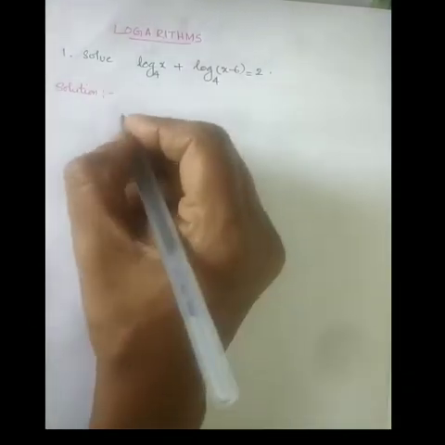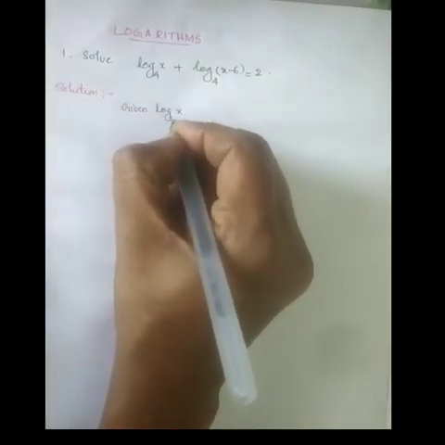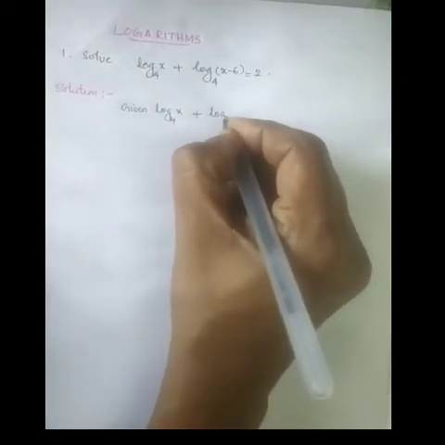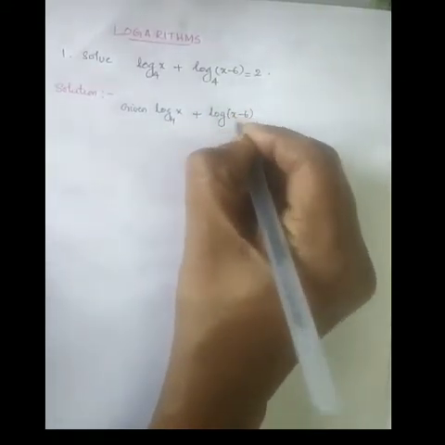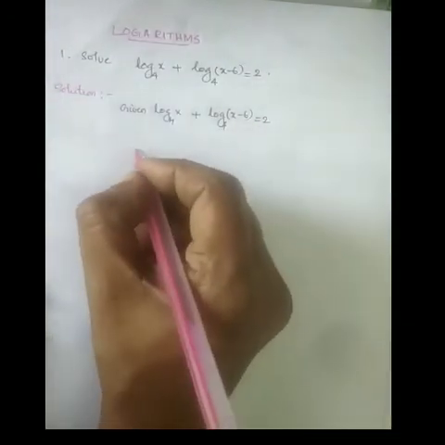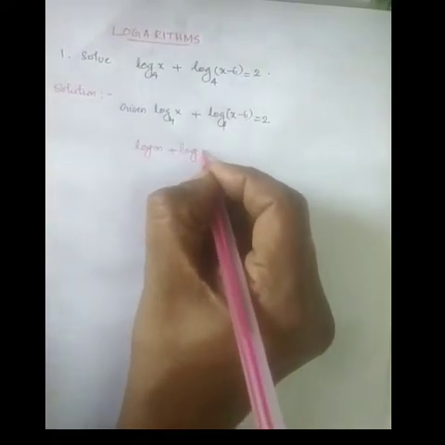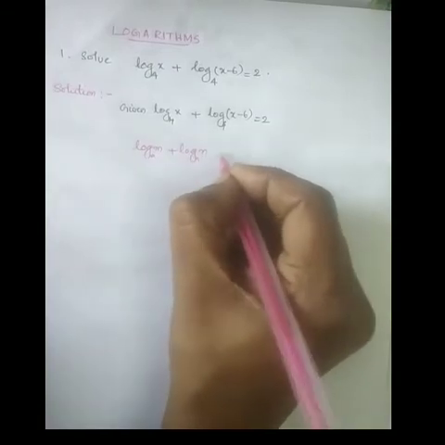Given log x to the base 4 plus log (x minus 6) to the base 4 equal to 2. We know that log m plus log n equal to log mn.